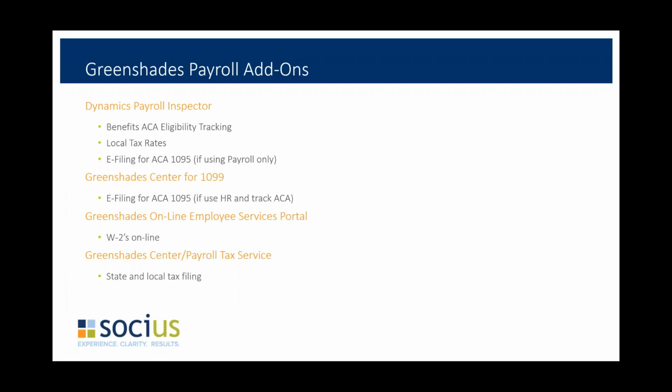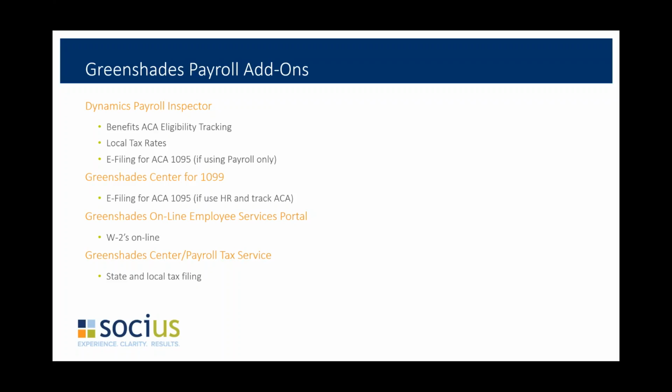So remember I told you earlier that the payroll module in GP does not actually allow you to electronically file the 1095. There's also what's called the Greenshades Center for 1099, and this is actually doing the same thing as the Payroll Inspector, only it does it if you're using HR and you're tracking Affordable Care Act information inside of GP.